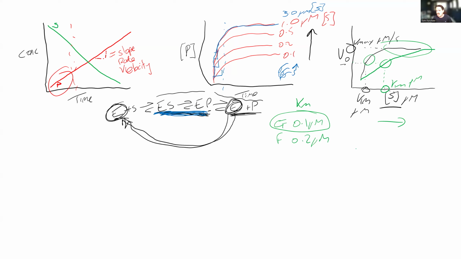Or sometimes, for instance, take the reaction of glucose to glucose 6-phosphate catalyzed by the enzyme hexokinase, and glucose might have a Km value of 0.1, and glucose 6-phosphate might have a Km value of 0.2 micromolar. Remember, it's a reversible reaction.